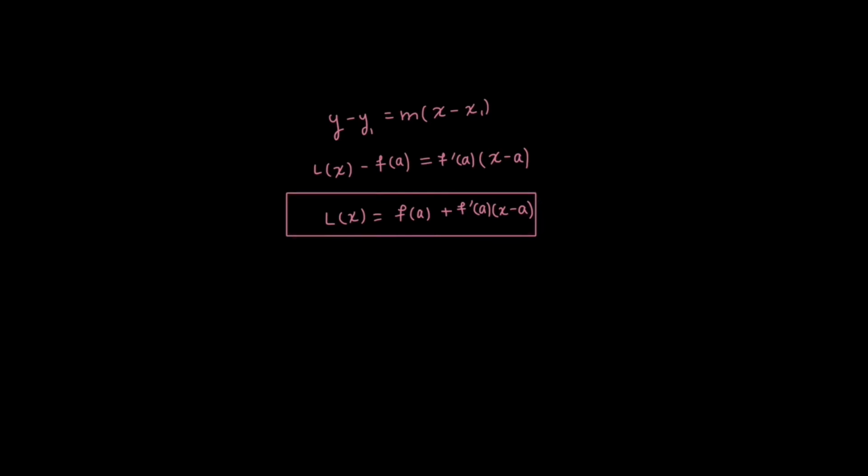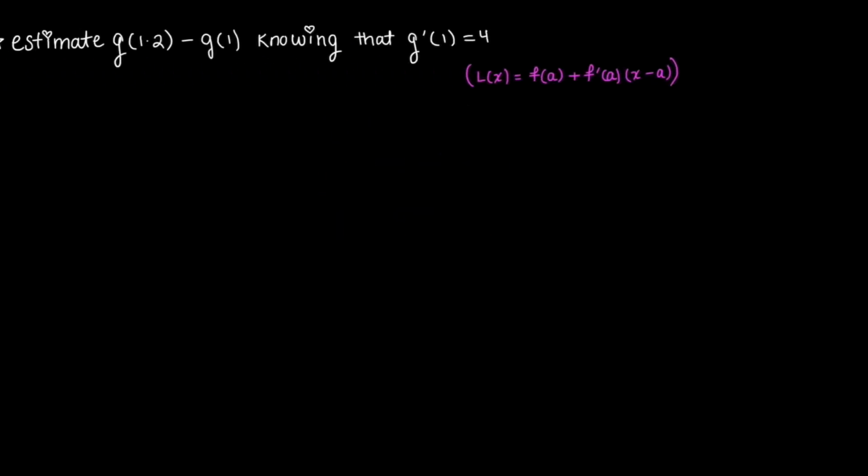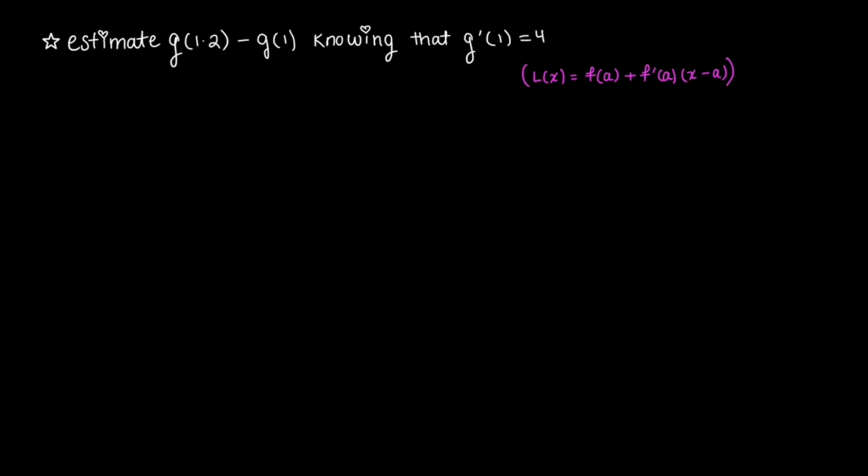So let's solve an example applying this formula so we can understand what it really means. Let's take a look at this question. Estimate g of 1.2 minus g of 1 given that g prime of 1 is equal to 4. So how do we apply our linearization formula to this question?